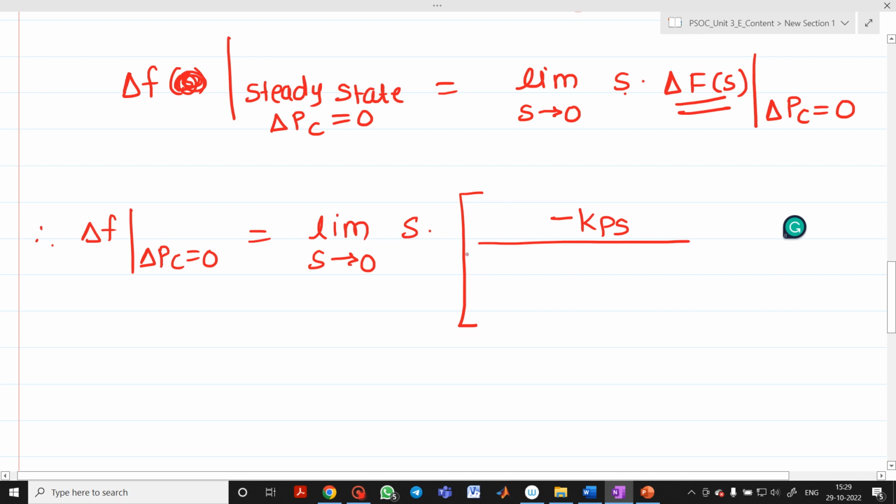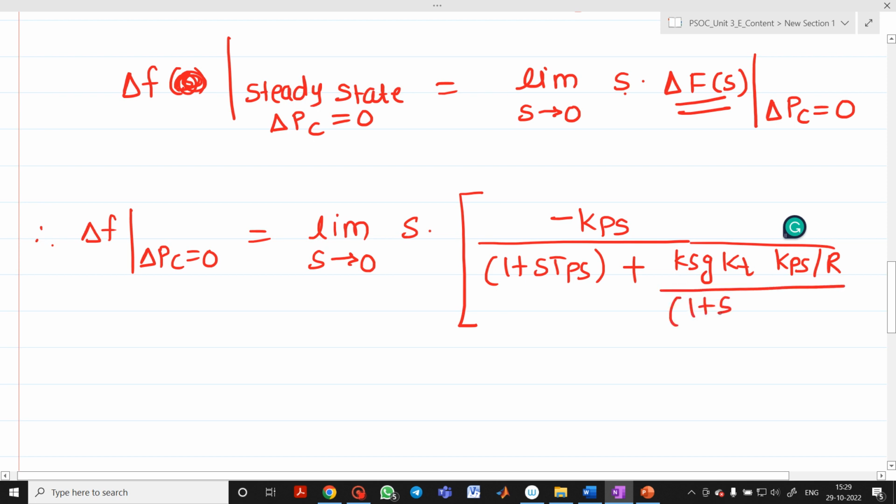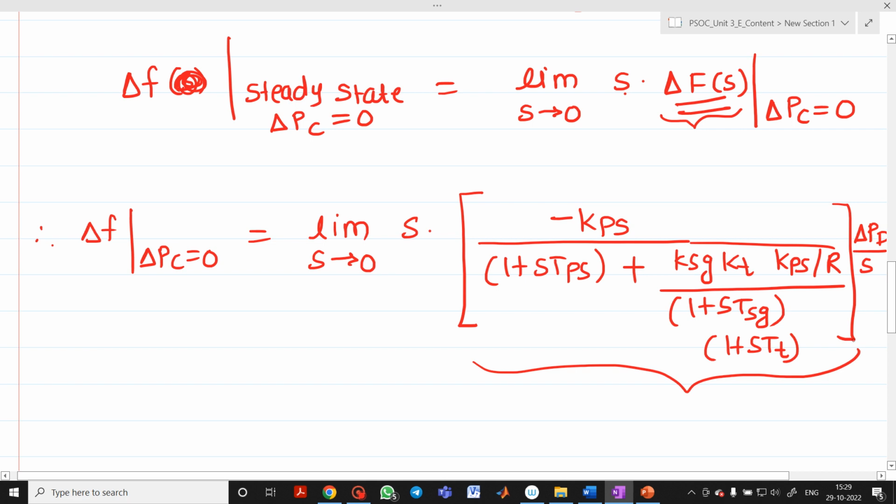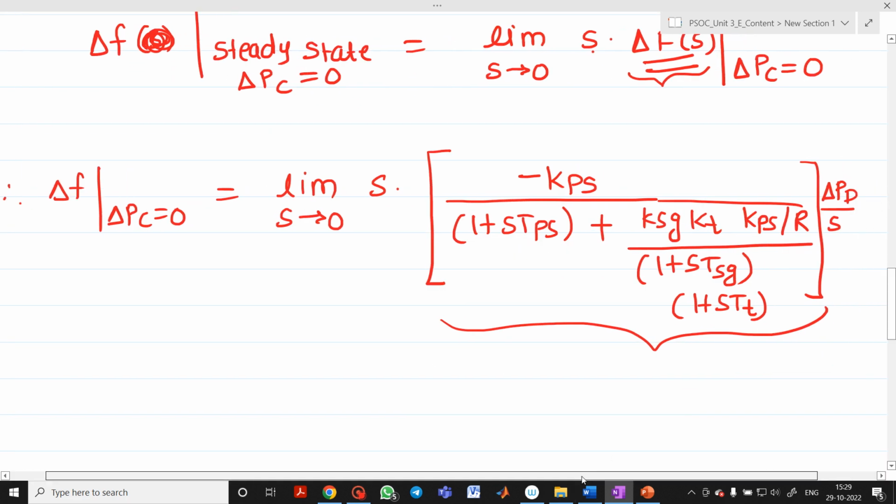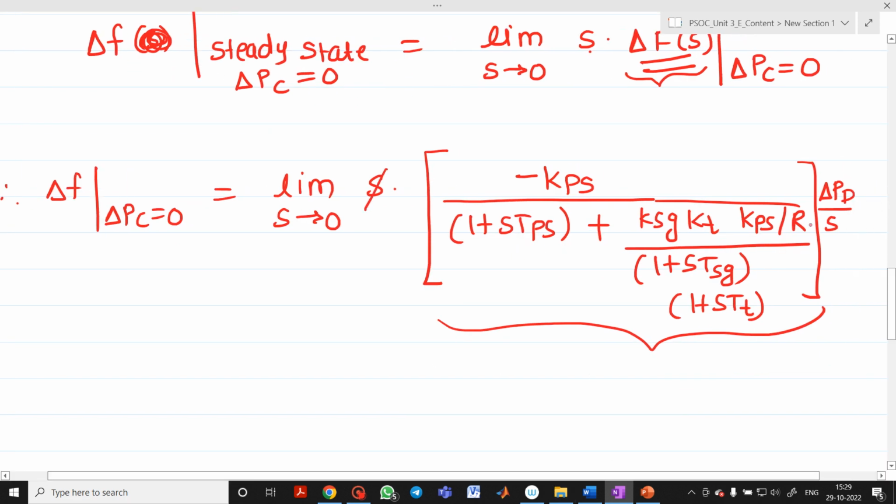This was the equation, minus kps 1 plus s into tps, plus ksg into kt into kps divided by r, divided by 1 plus s into tsg, 1 plus s into tt. I will close this, and this will be delta pd upon s. This was the original equation. If you see this delta f of s, now this s will get cancelled, it's okay.